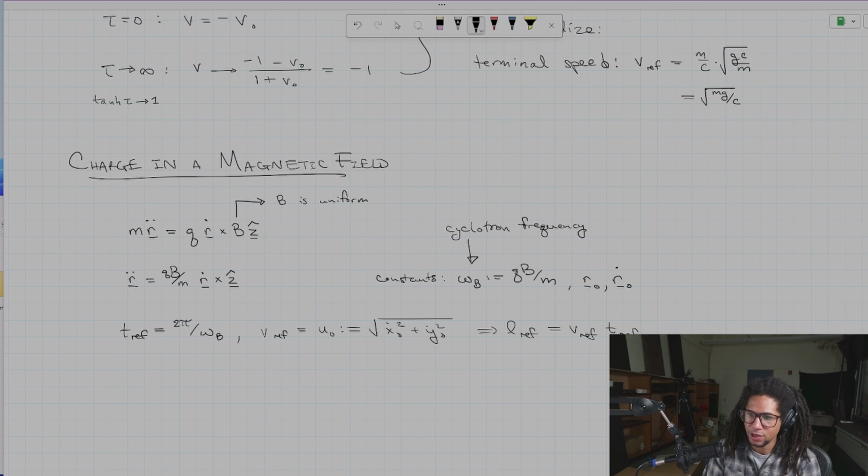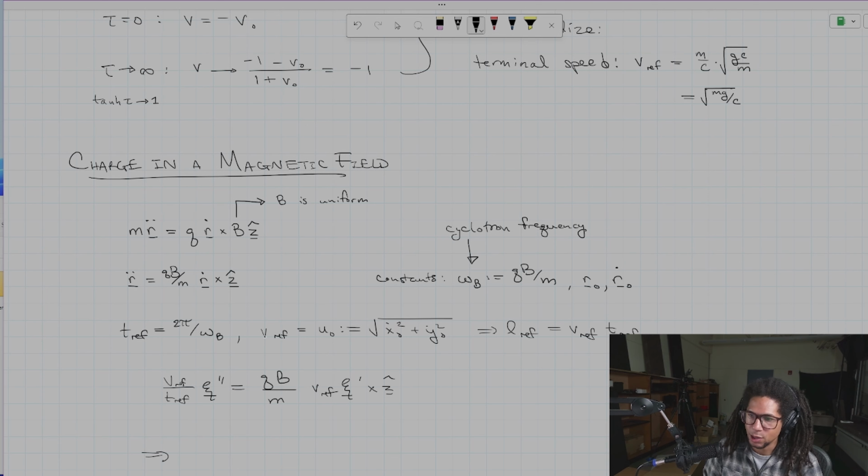As usual, I'm going to get an L ref. So I could actually think of that as a V ref over T ref outside here times c double prime. That's going to equal qB over m times V ref c prime cross z hat.